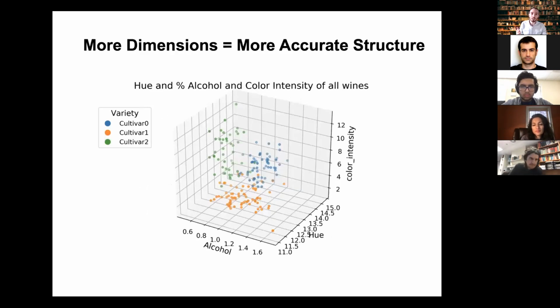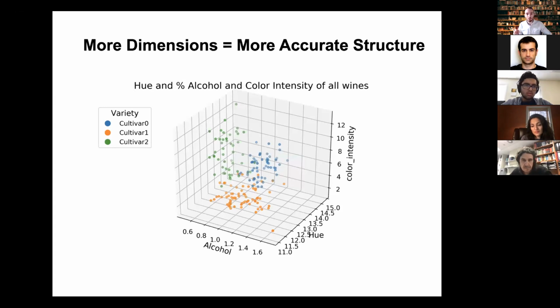But one of the things that's really important to understand is that as you have more features, you get more structure. There are more axes along which the data can vary. As you increase the dimensionality of the data set, you increase the structures that are possible and potentially also increase your resolution.